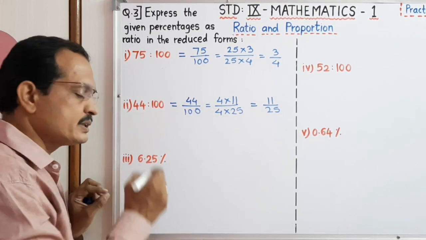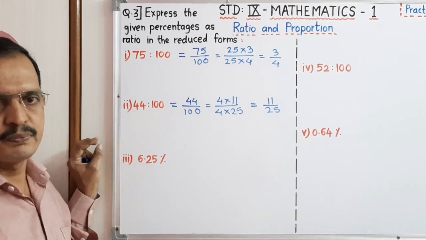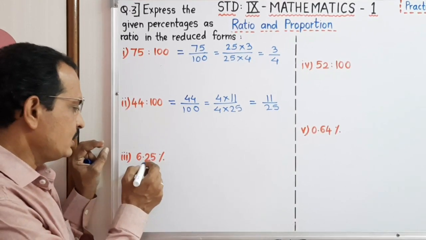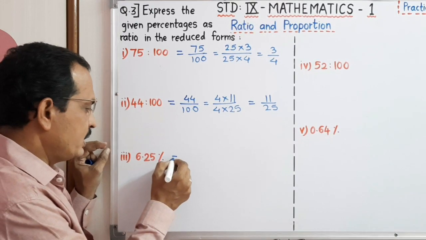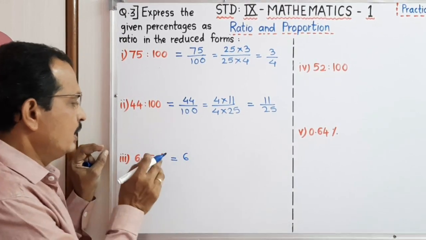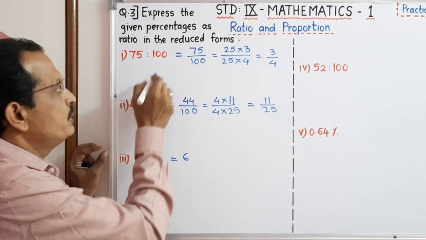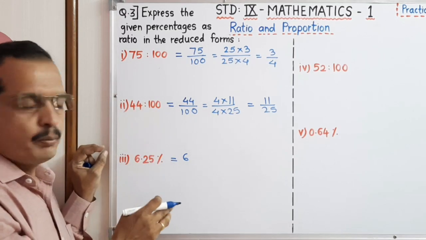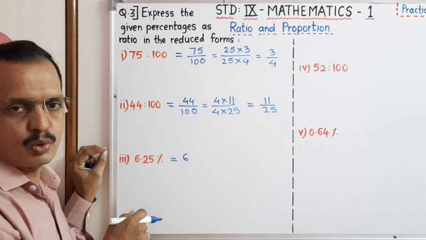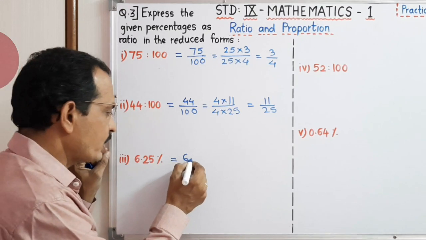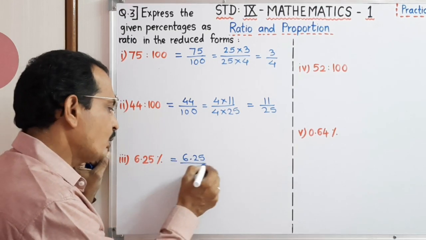Now this is 6.25%. Now in this case, dear student, the second term 100 is already given, but it is written in a percentage form. Therefore, first of all, we have to write 6.25 upon 100.